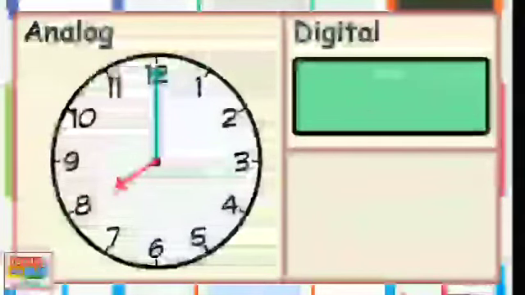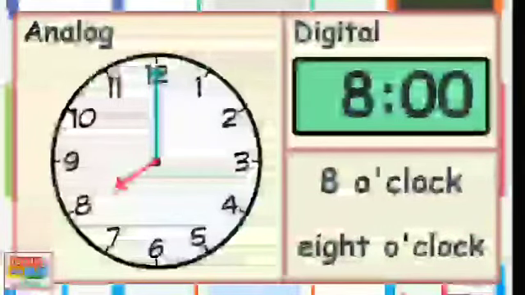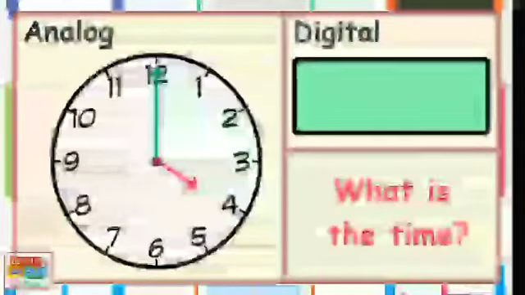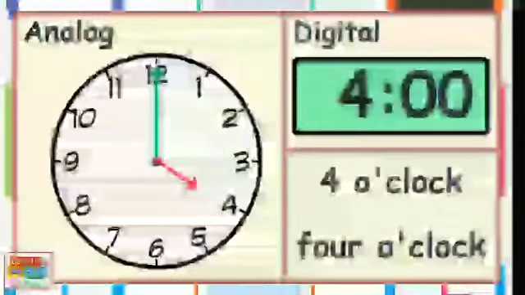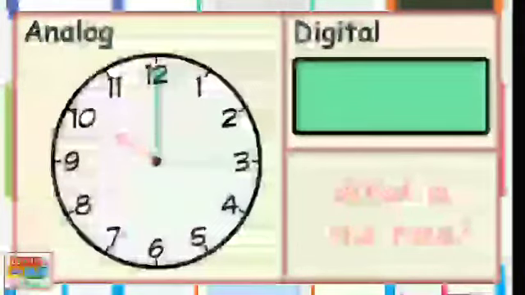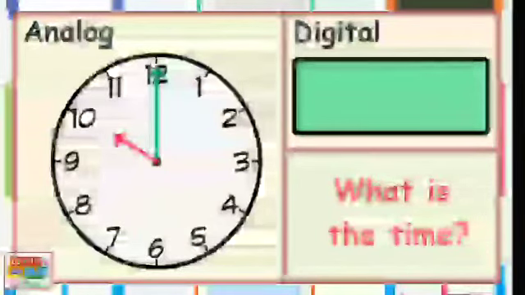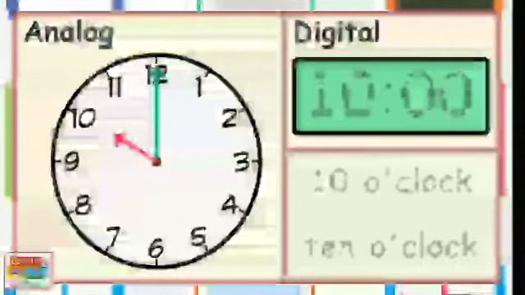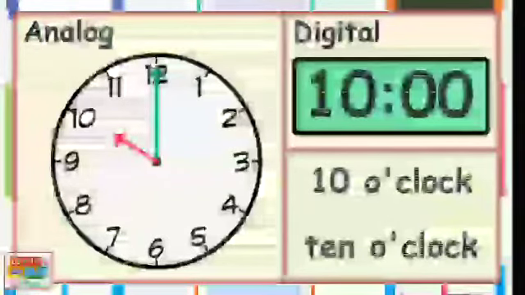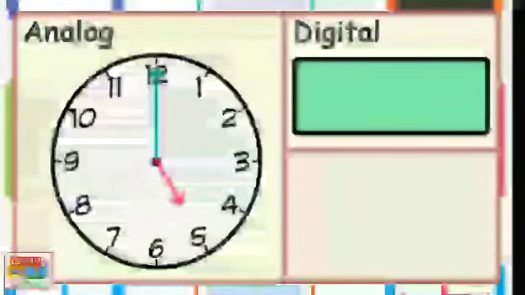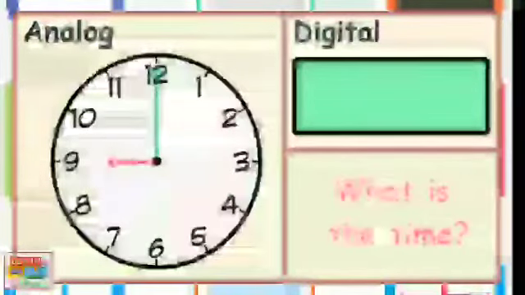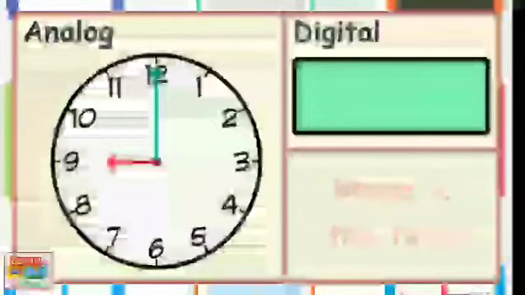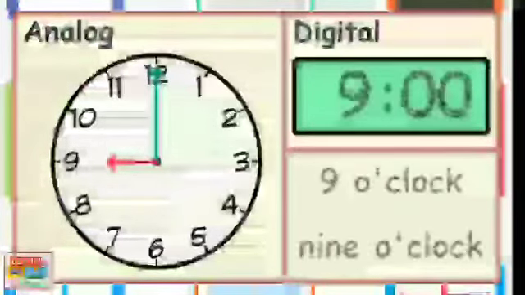The time is 8 o'clock. It is 4 o'clock. The time is 10 o'clock. It is 5 o'clock. The time is 9 o'clock.